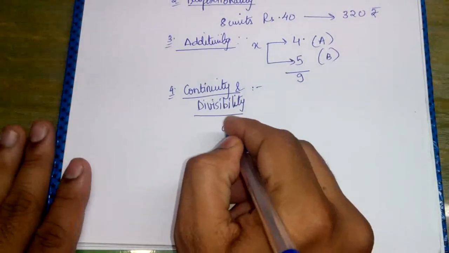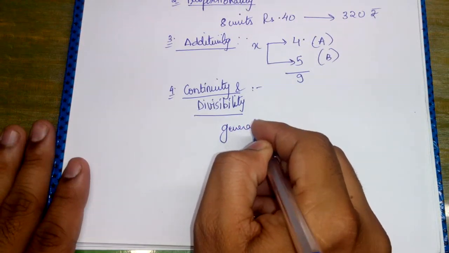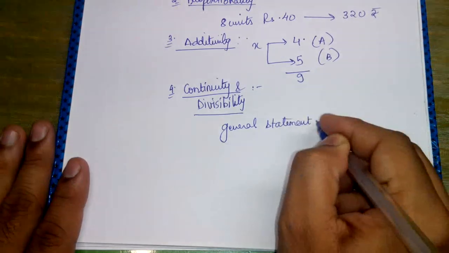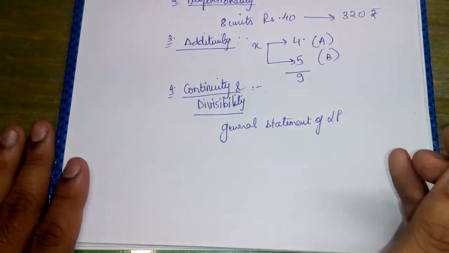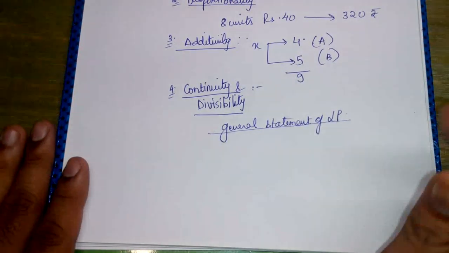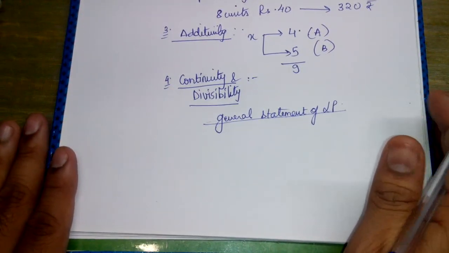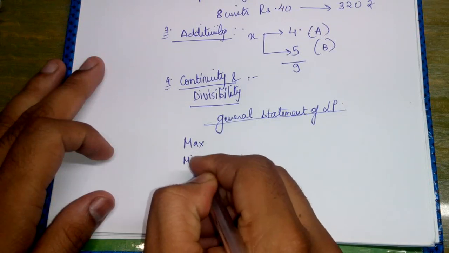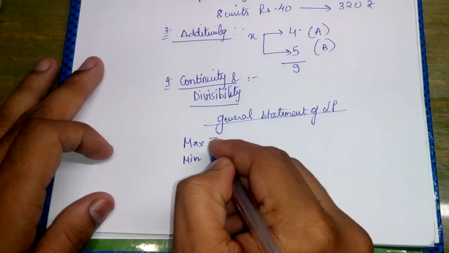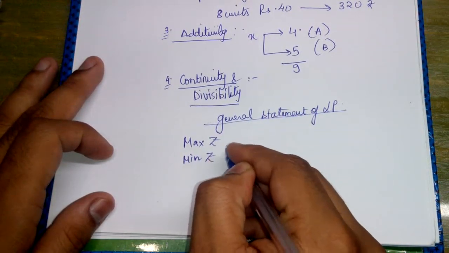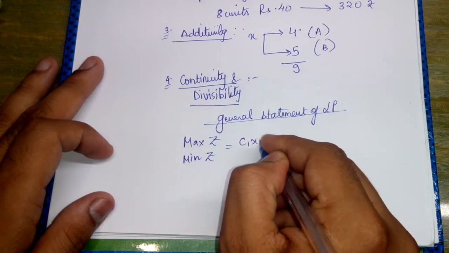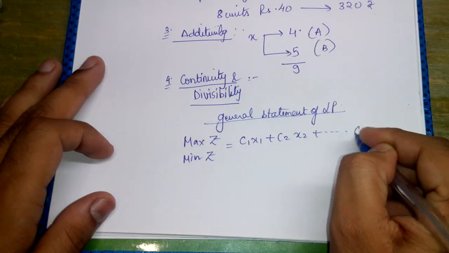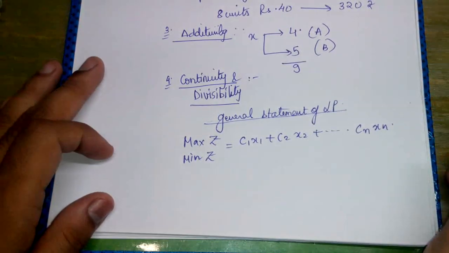Now we will start with the general statement of linear programming. For example, we will be given maximize, or we can also be given minimize, Z equals C1 x1 plus C2 x2 plus so on up till Cn xn.